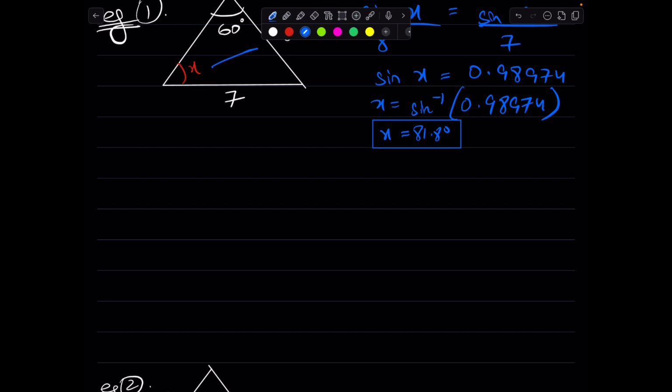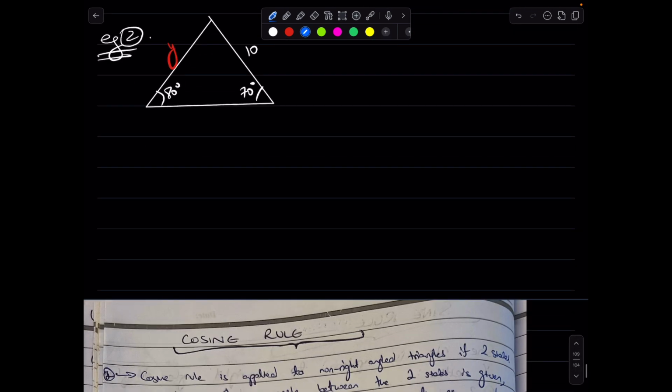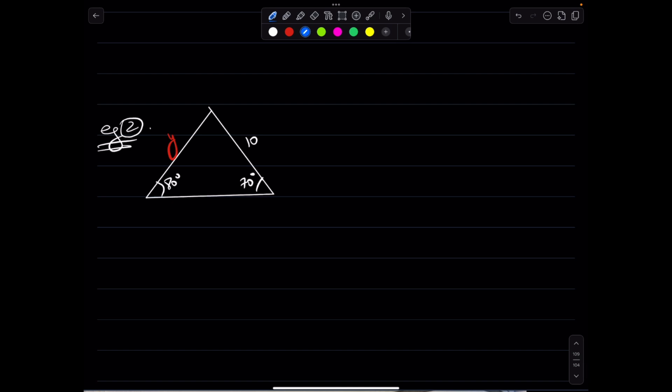Alright, so we are done with our first example. Let's take another example. So we have two known angles and a side opposite one of the known angles, and we need to find the side opposite the other known angle, labeled as y. Since we need to find a side, let's put the sides in the numerator. The angle opposite y is 70, thus sine 70.